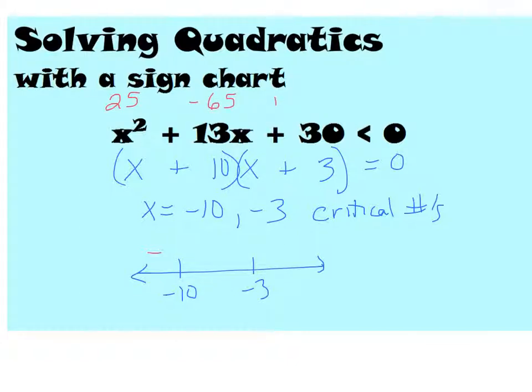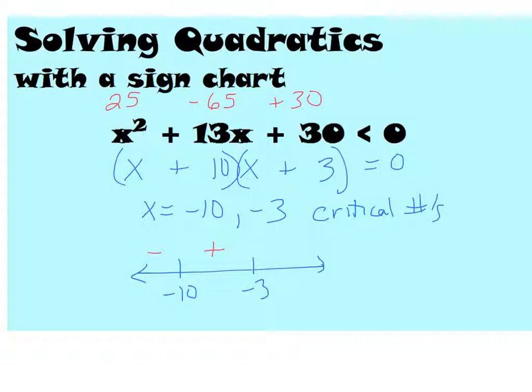And then I still have my plus 30. My positives end up being a 55. This is a negative 65. So I'm going to end up with a negative answer. So yes, that will end up smaller than 0. So that value in there is going to work good for me.